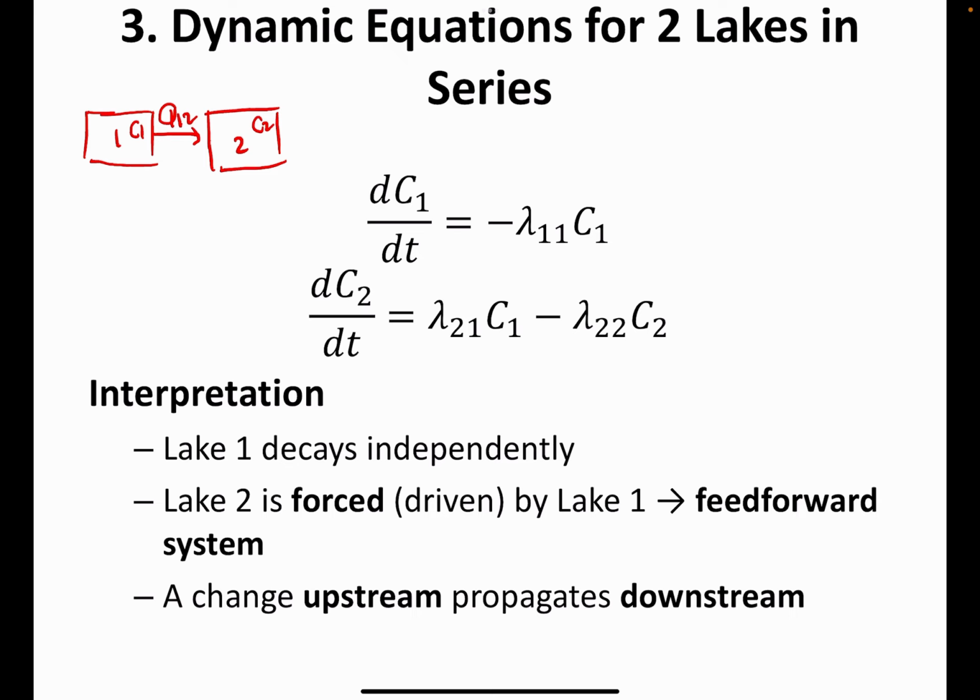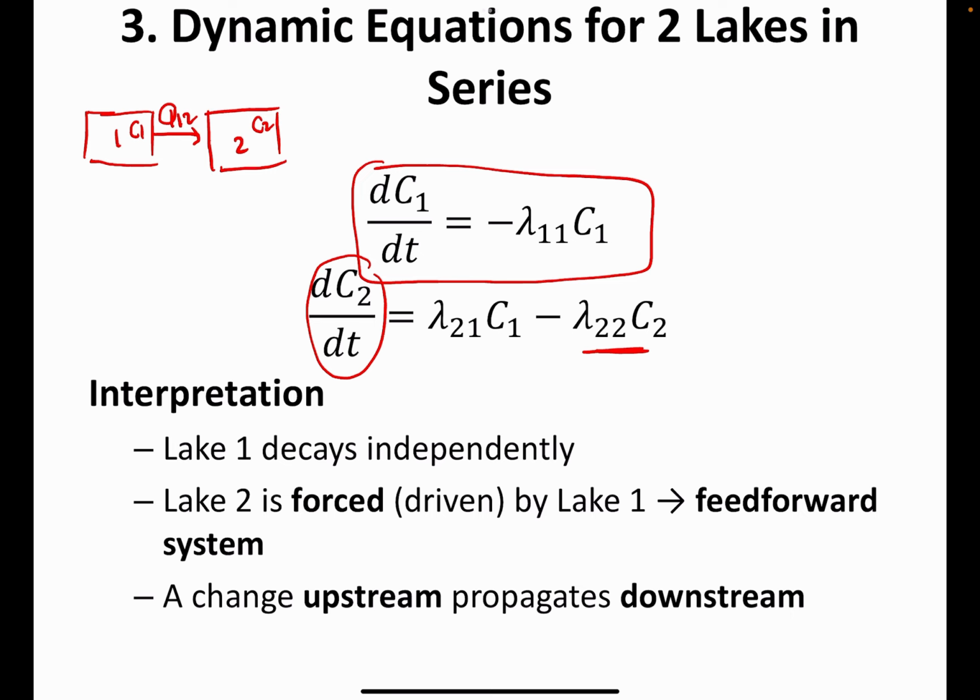For lake number 1, dC1 over dt is equal to minus lambda 1,1 C1, which is the lambda of the first lake. For the change of concentration in the second lake, lambda 2,1 is lambda affecting 2 from 1, so dC2 over dt is lambda 2,1 C1 minus lambda 2,2 C2, which is whatever is happening inside lake number 2.